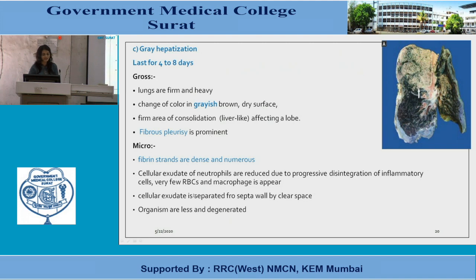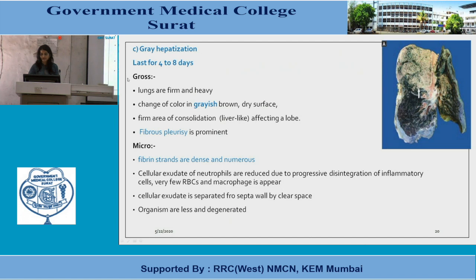On histological examination, these fibrin strands are prominent. The cellular exudate of neutrophils is now reduced because of the disintegration of these inflammatory cells. Very few RBCs, and now the macrophages will come to clear all this exudate. This exudate is separated from the septa by a clear space, and organisms are fewer and degenerated.